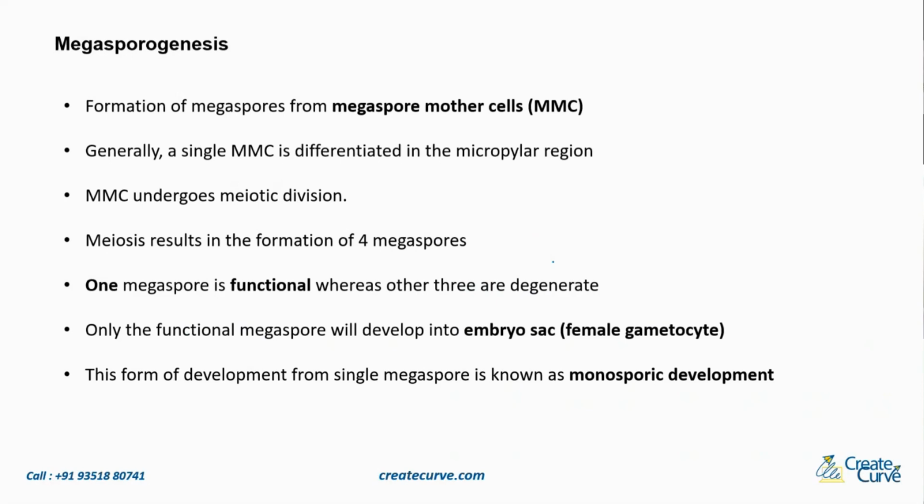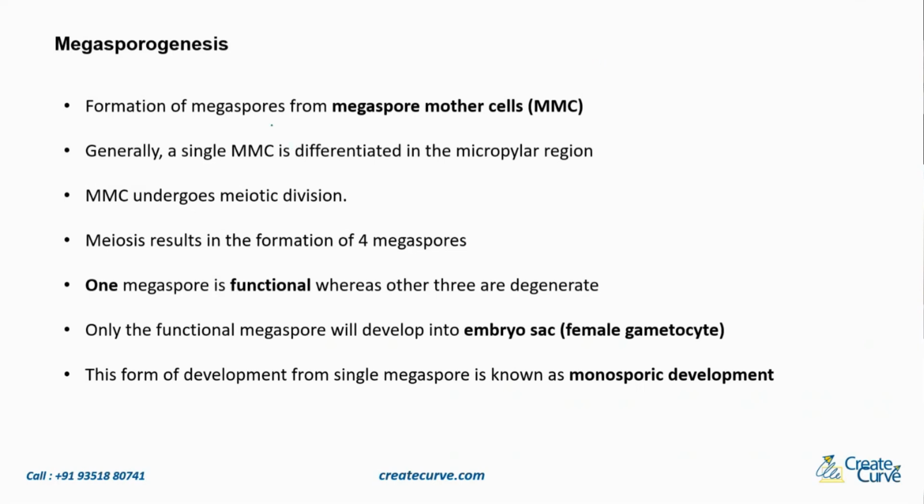Now you have another concept here called megasporogenesis. You remember in the anther, for the pollen grains, we had something called microsporogenesis, correct? So in this case, you have megasporogenesis.